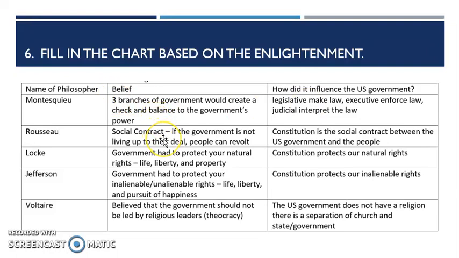Rousseau is one of the philosophers who believed in a social contract. He's actually the guy that wrote it. So he said if the government is not living up to their deal they're in, people have to revolt. So the government is supposed to protect us. That's the actual social contract. That's the Constitution. So in the Constitution, it says what the government cannot take away from you.